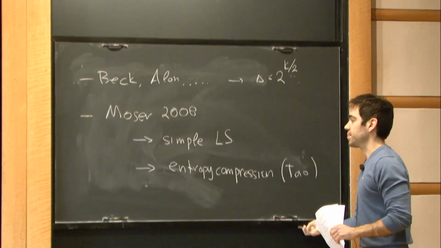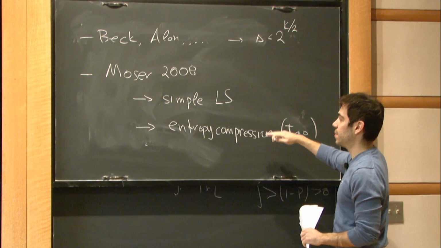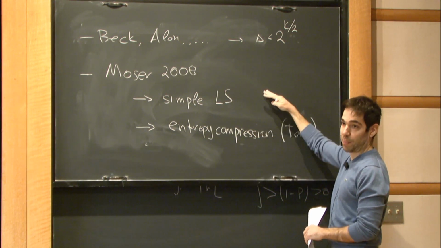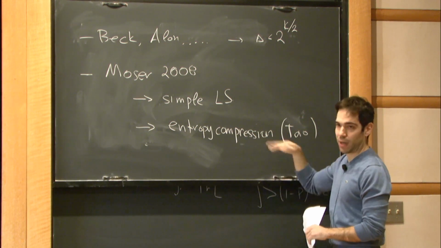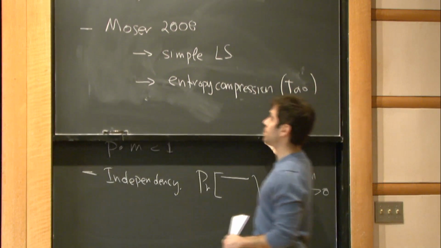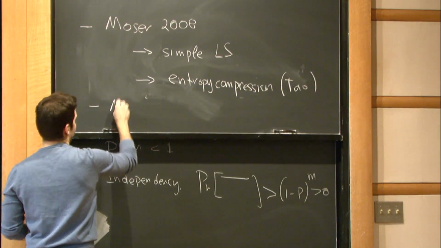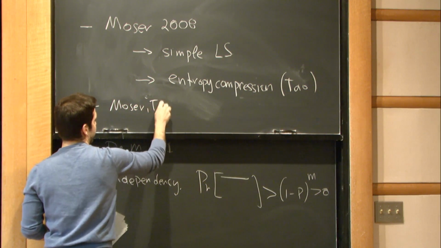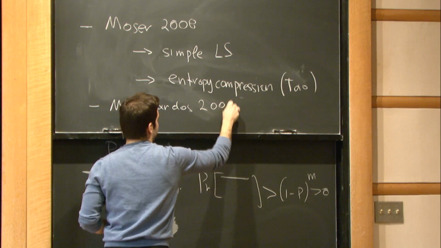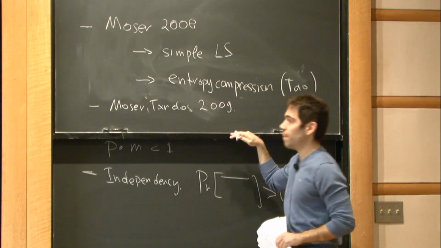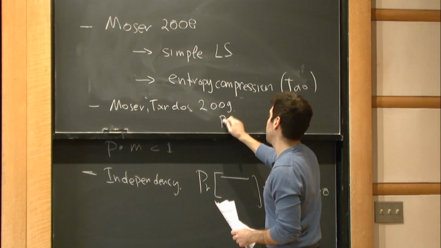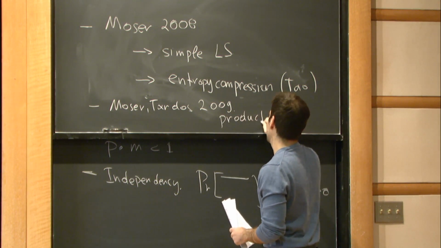And besides capturing the local lemma, he introduced this very cool technique that other people used after him to analyze other local search algorithms. And soon after, in 2009, Moser and Tardos basically made the local lemma constructive for any product distribution.